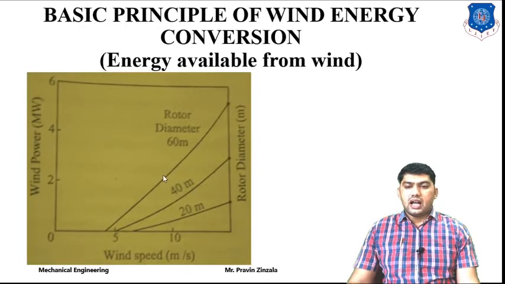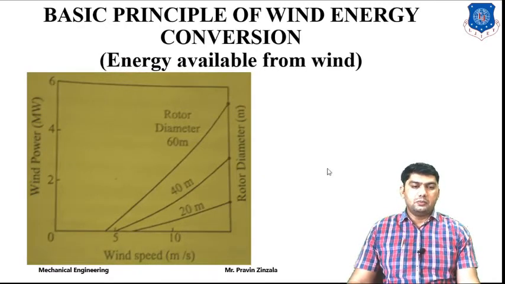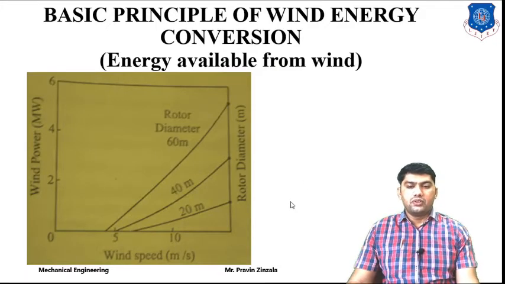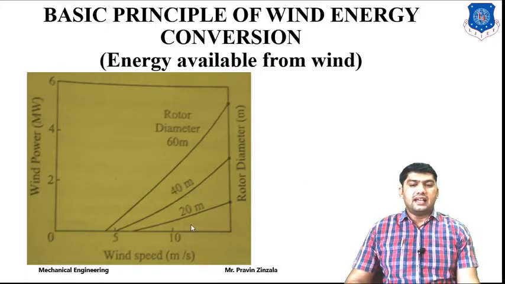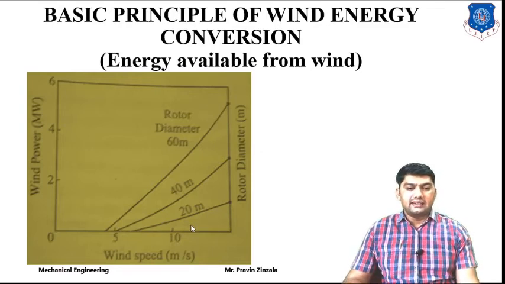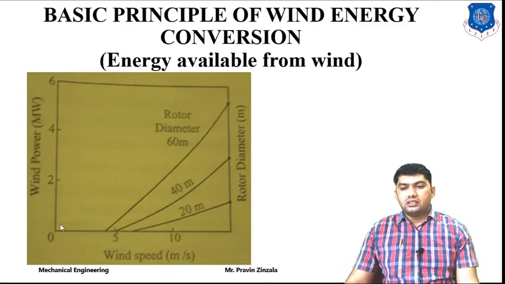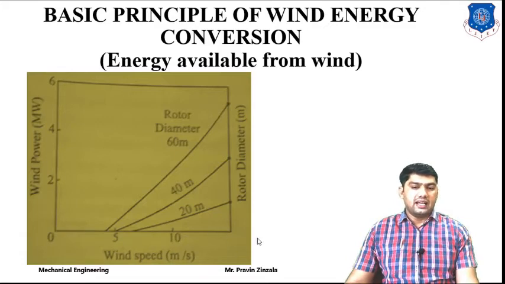This is the graph representing wind power versus wind speed, because in the previous slide we discussed that power is directly proportional to V cube. If we increase the diameter and velocity, we get more power. Wind power is shown as 0, 2, 4 and 6 megawatt, and wind speed in meters per second, 0 to 5, 10 and 15.